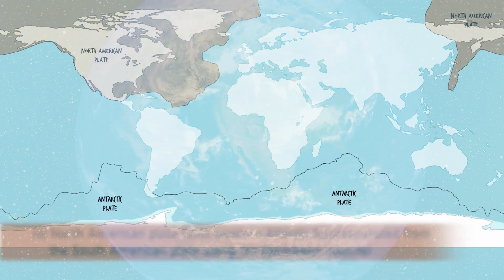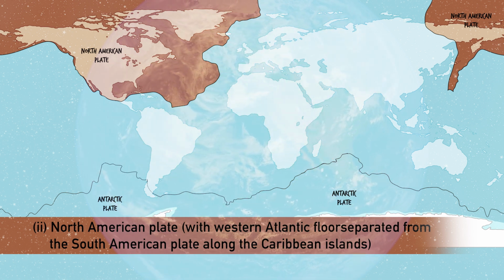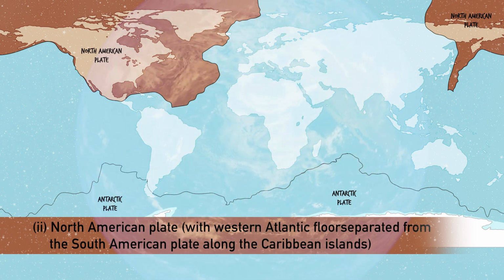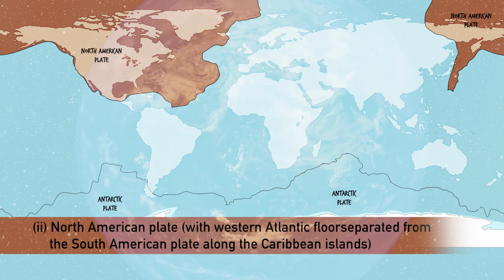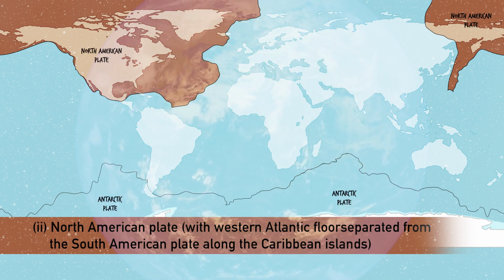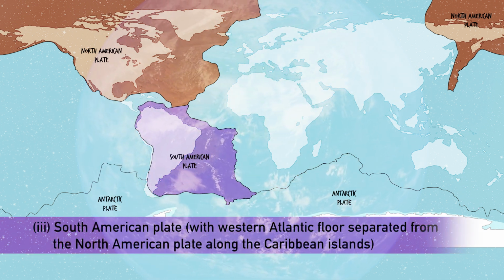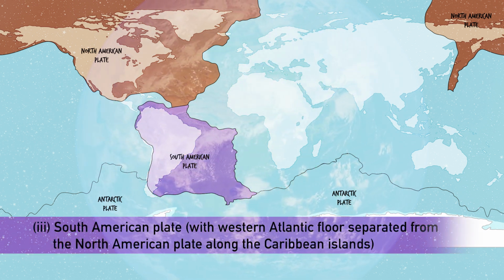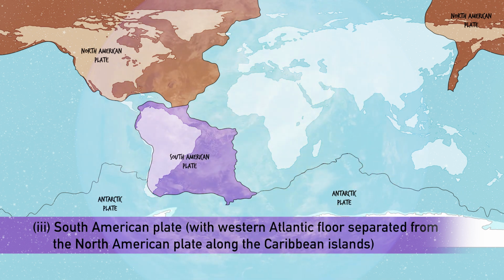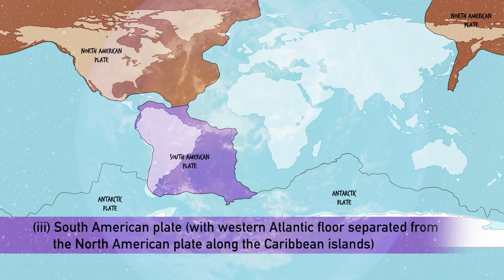Second, North American plate with Western Atlantic floor separated from the South American plate along the Caribbean islands. Third is South American plate with Western Atlantic floor separated from the North American plate along the Caribbean islands.